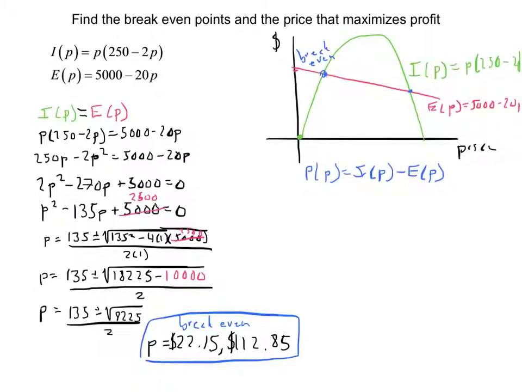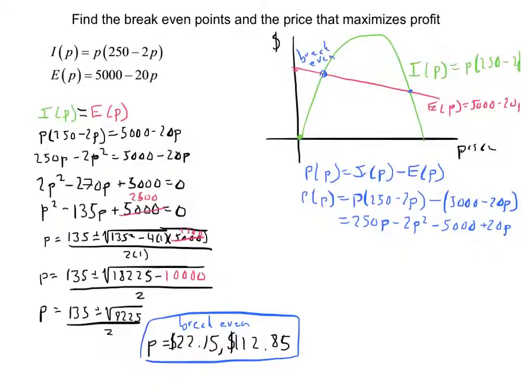Income minus expenses, replace those, distribute, turn the minus into a plus 20p, and then gather your like terms. This is kind of interesting notation here. It's big profit P as a function of little p price. Okay, so we got negative 2p squared plus 270p minus 5,000.